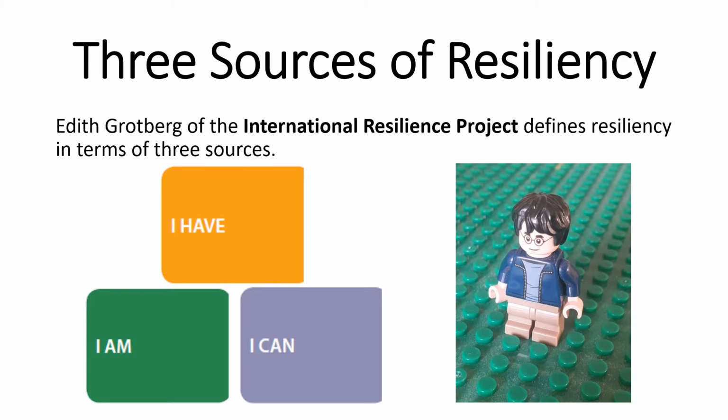These are the social and interpersonal supports that a person has. In other words, who and what they have. Secondly, I am. This involves the way that a person views themselves, who they are. And finally, I can. This is the skills and abilities that a person possesses. It's what they can do.